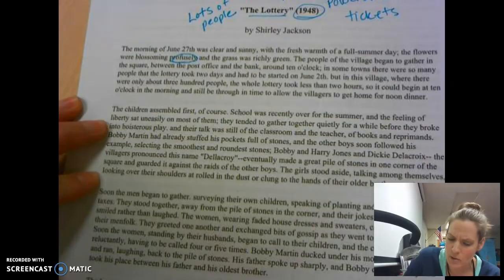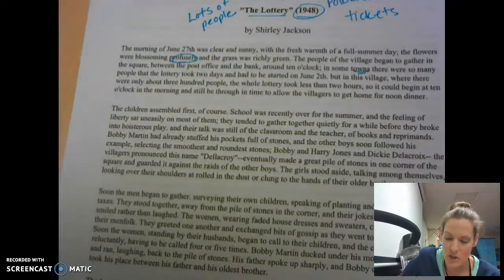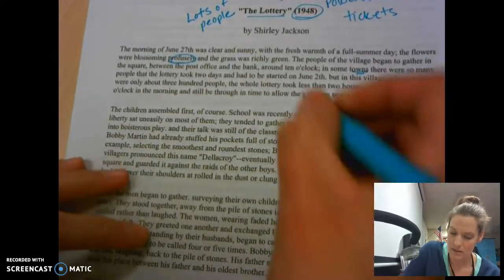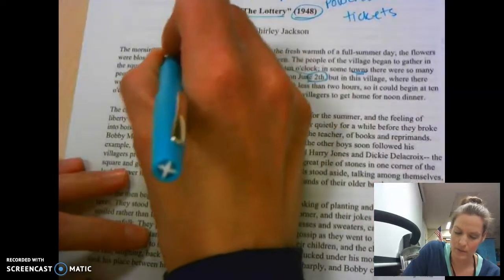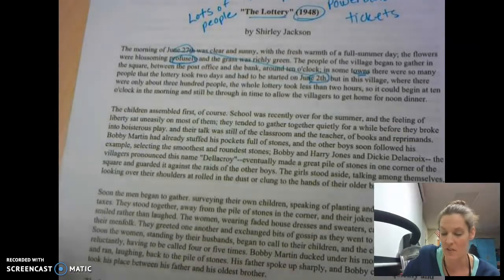In some towns, there were so many people that the lottery took two days and had to be started on June 2nd. June 2nd. I wonder if that's okay. But in this village, where there were only about 300 people, the whole lottery took less than two hours, so it could begin at 10 o'clock in the morning and still be through in time to allow the villagers to get home for noon dinner.